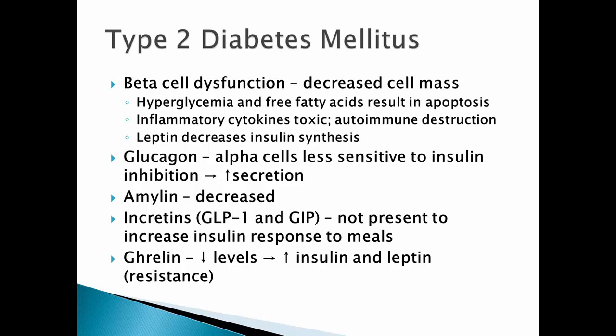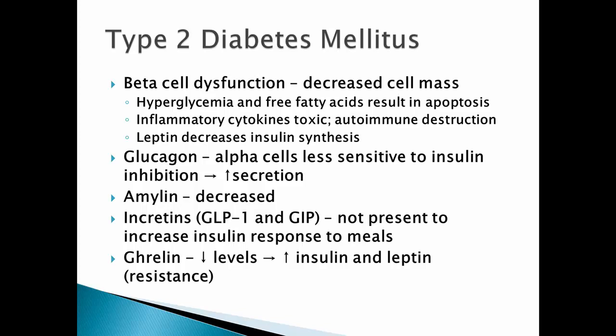Let's talk about the other things that are happening in type 2 diabetes with this insulin, with the hyperglycemia. We know that there is a decreased cell mass leading to beta cell dysfunction. Because of the beta cell dysfunction, there is more hyperglycemia and free fatty acid collection. This then results in cellular apoptosis.